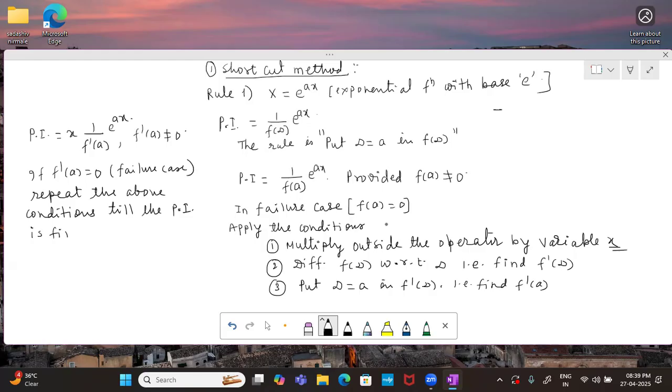So these are the steps to be used while finding the PI.